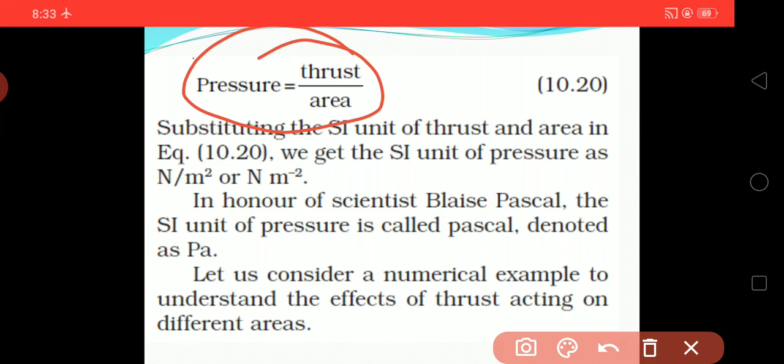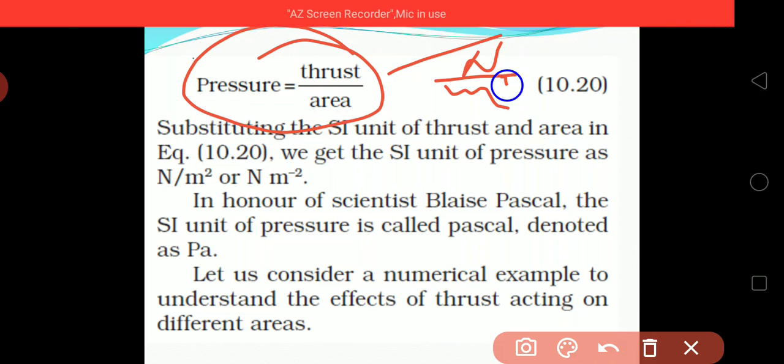Pressure is equal to thrust upon area. Substituting the SI units of thrust and area in the equation, we will get the SI unit of pressure. Thrust is one of the forces, so its unit will be N, and area will be in meter square. So our SI unit will be Newton per meter square.